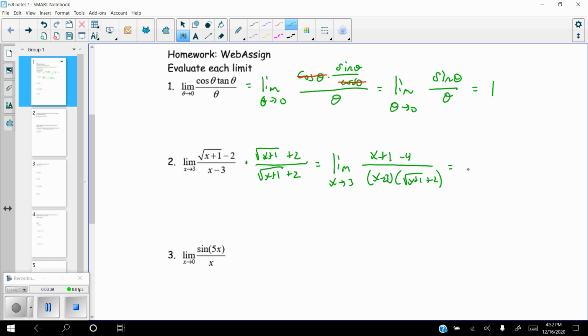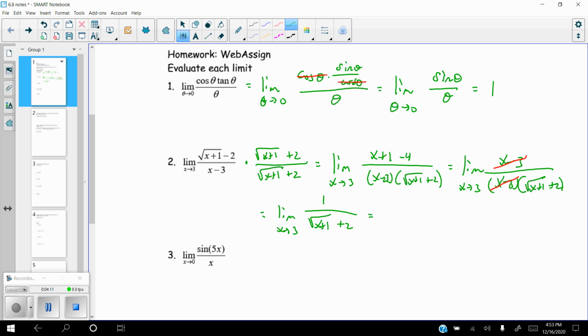So the nice thing is here, the numerator will simplify to x minus 3, which is good because that's what we're really trying to get rid of in the denominator, since that's the part that gave us 0 in the denominator. So algebraically, we can get rid of that, which is then going to leave us with the limit as x approaches 3 of 1 over the square root of x plus 1 plus 2.